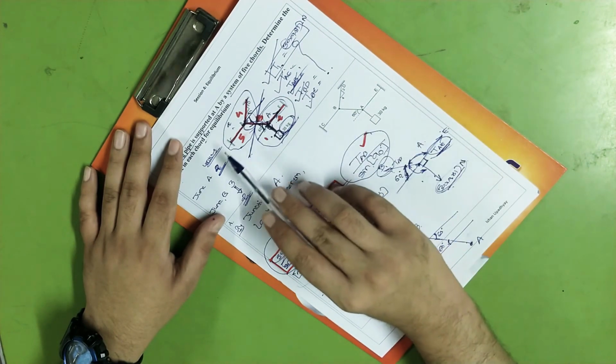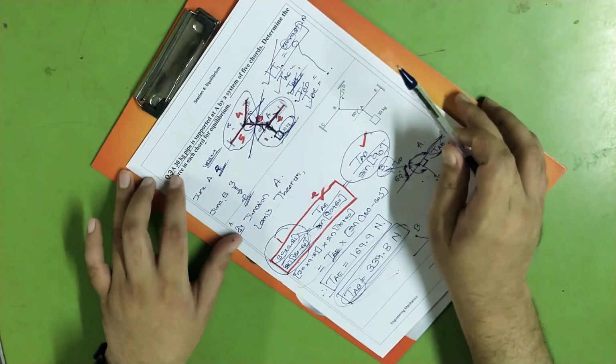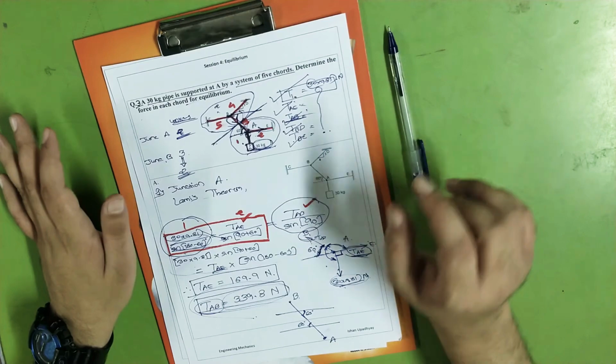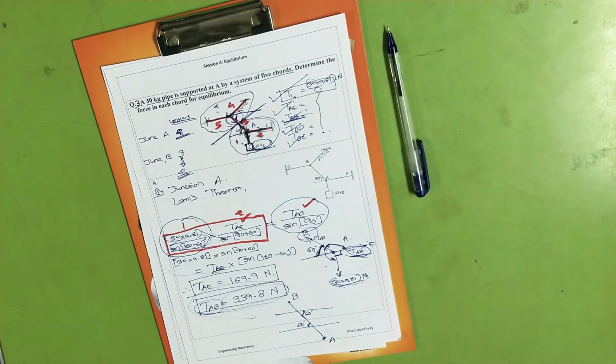I have got the tension in all the strings. So what have I done in this sum? First, this sum is of a string system which supports a 30 kg pipe with 5 chords. So 5 strings are provided. First I figured out the junctions.